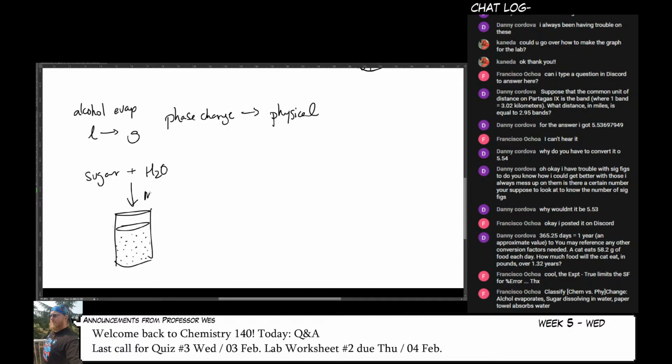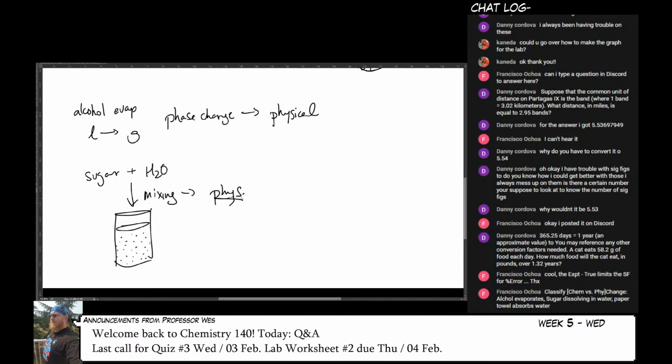So this is just mixing, which is also physical. Whenever you mix two things together, if you don't see something really obvious happening, you're doing a physical process. So, for example, if you mix Alka-Seltzer with water, the Alka-Seltzer starts bubbling and fizzing and hissing, and that would be a chemical reaction. But when you put sugar in water, it just dissolves. It goes away. So all you're doing is mixing it.